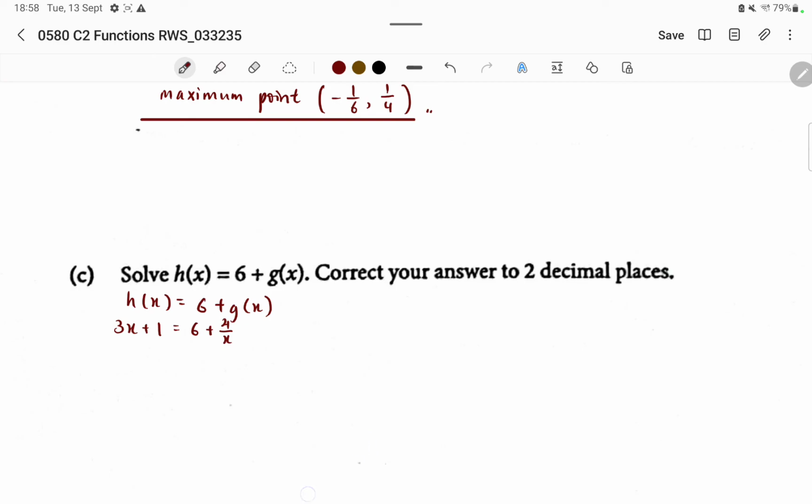Okay, so we have to remove the x from the denominator. So how? We multiply everything by x. So 3x squared plus x equals to 6x plus 4 over x. If we multiply by x, so cut, you get 4.